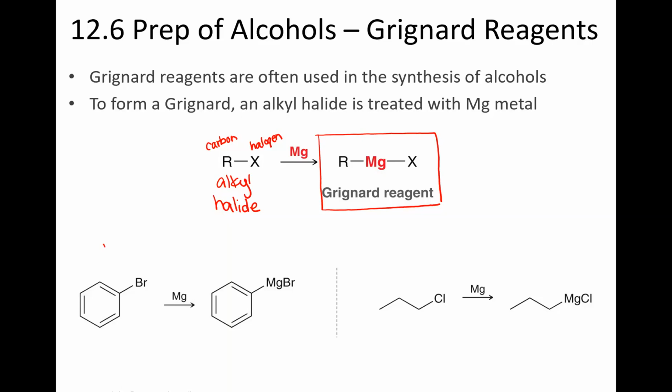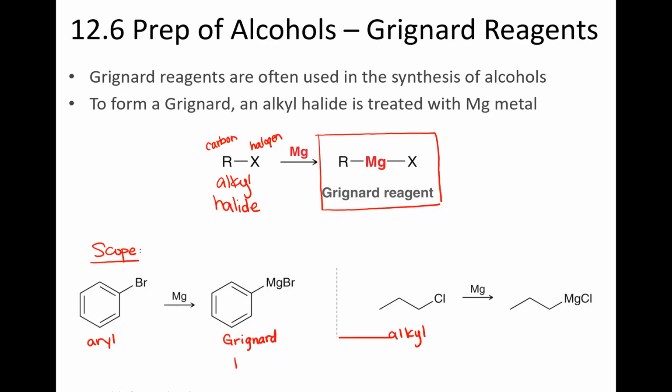And if we look at the scope of the reaction, we can see that aryl groups and alkyl groups are both possible to use in the Grignard reaction to form the Grignard reagent.